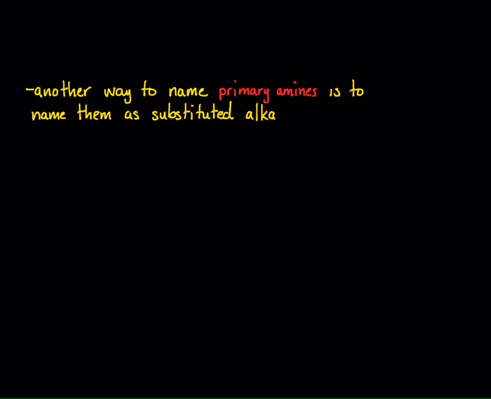Now, there is another way to name primary amines, and that is by naming them as substituted alkanes with amino being used to designate the NH2 group. So an amino group is a substituent coming off of a carbon chain. This is typically used for primary amines.